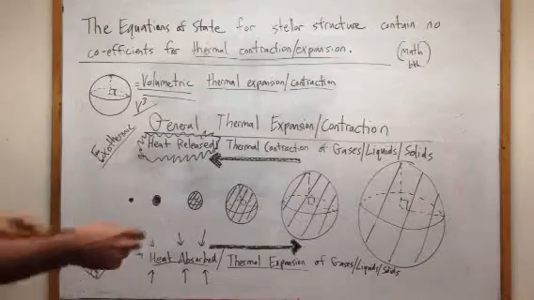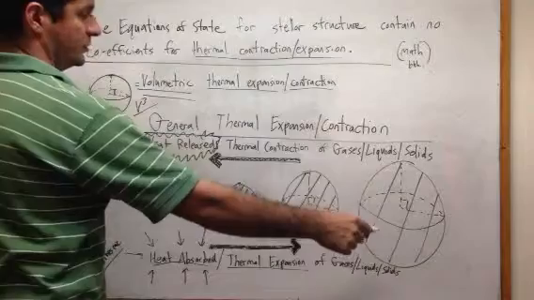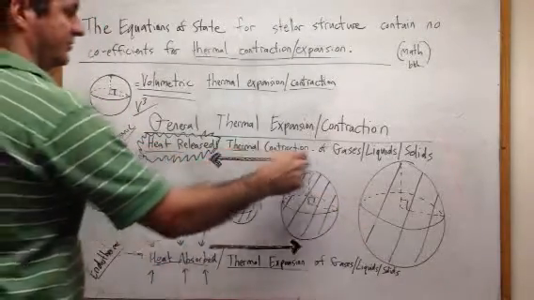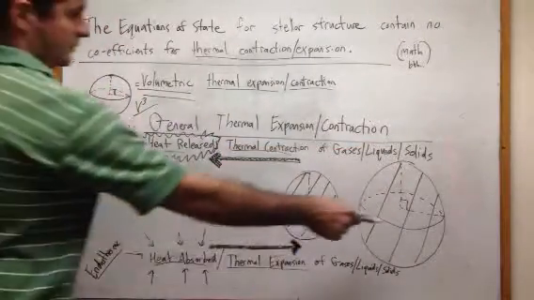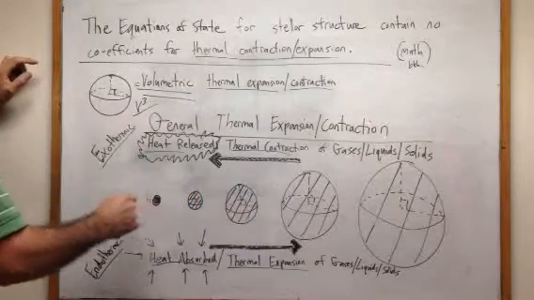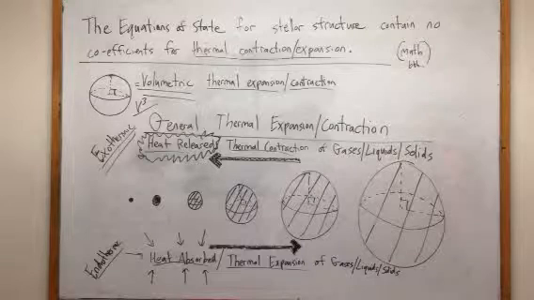And as another general rule of thumb, as an object is large and releases heat, thermal contraction takes over in gases, liquids, and solids, meaning the material contracts. It gets smaller and smaller, and that would be an exothermic reaction.